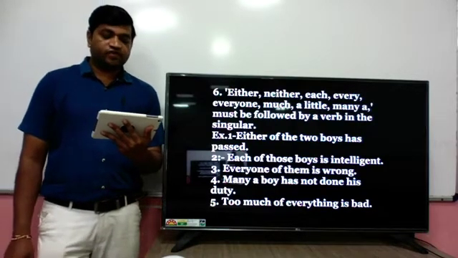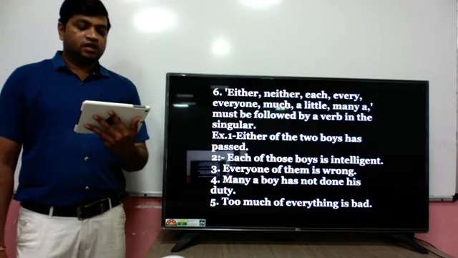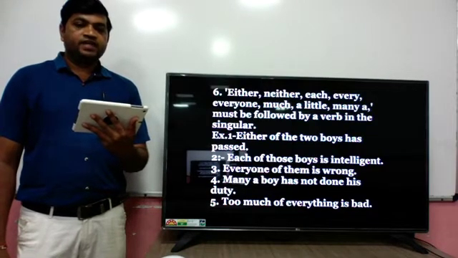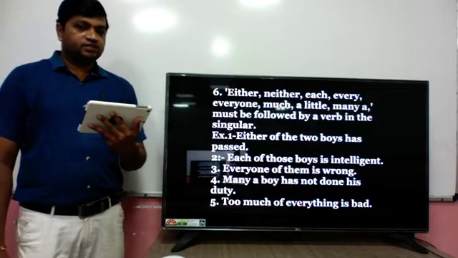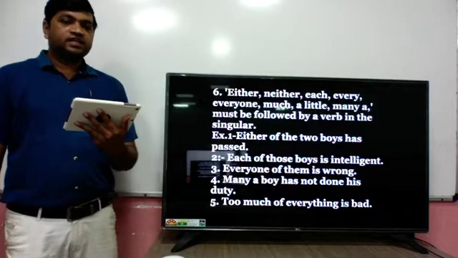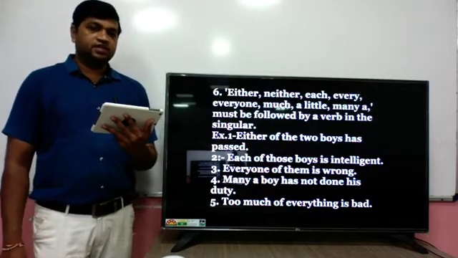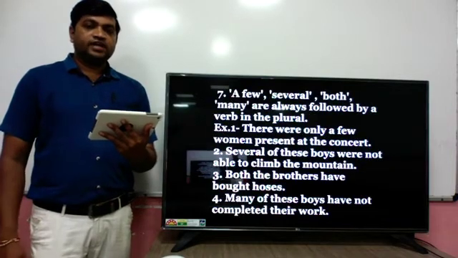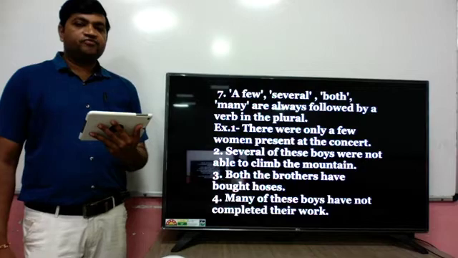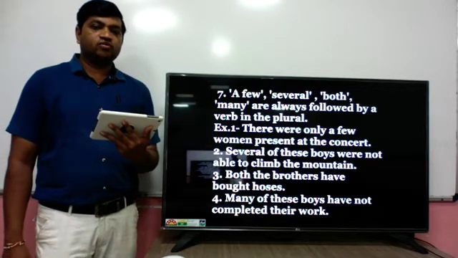In these sentences, the sentence begins with each, everyone, many a, either. Whenever a sentence begins with these words, they indicate a singular noun and the verb must be singular.